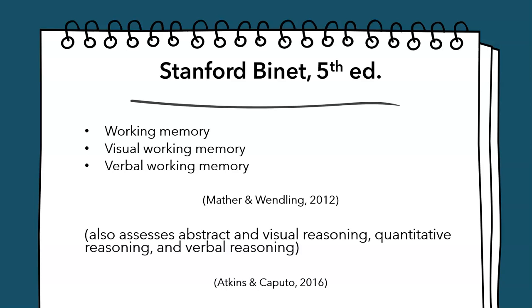And the next test we're going to look at is the Stanford-Binet 5th edition. According to Mather and Wendling, this test can be used to test working memory, visual memory, and verbal working memory. The areas that the test covers are abstract and visual reasoning, quantitative reasoning, short-term memory skills, and verbal reasoning.